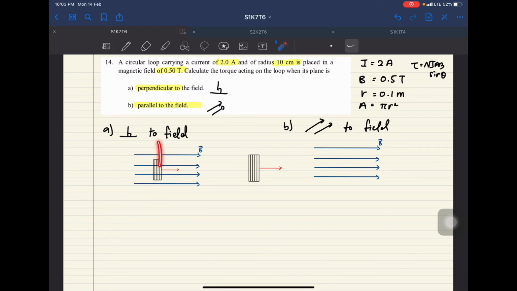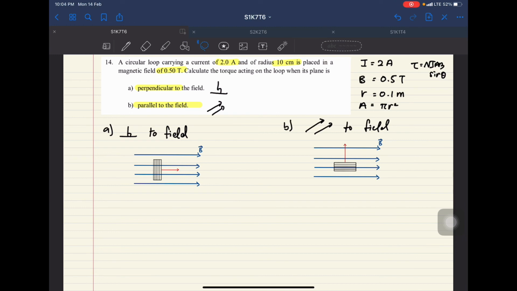It is perpendicular to the field. Okay, remember this. On the other hand, on the right hand side, you have parallel to the field. So it looks something like this. Okay, magnetic field is parallel to the plane. So the plane is in this direction, magnetic field in that direction. So parallel.